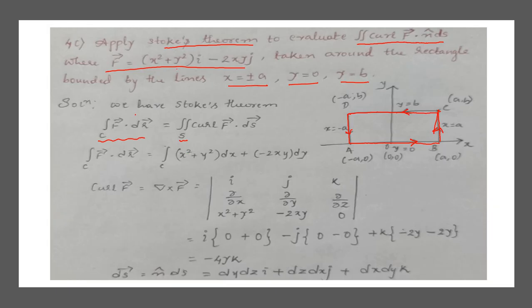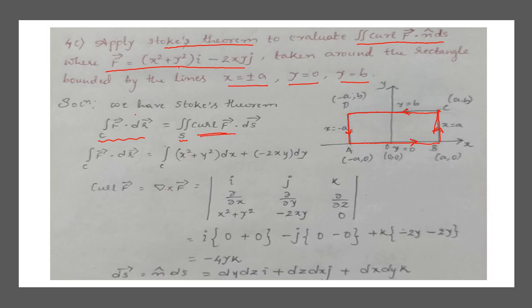Here f is the vector f, and I have also defined vector dr as dx i plus dy j plus dz k. Just multiply the coefficients of i, j, k. I got (x square plus y square) dx plus (minus 2xy) dy. Now I will consider curl f. I need to prove this.